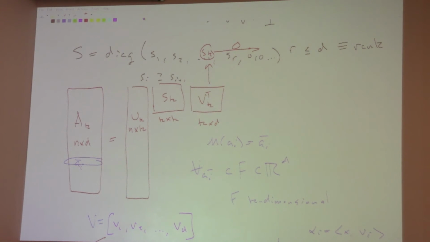One is that, as I've mentioned, if you want to minimize the sum over all A_i, you can end up writing this as A minus A_K, the Frobenius norm.